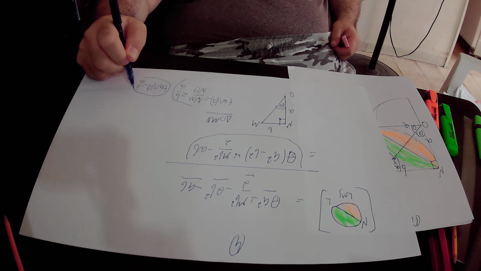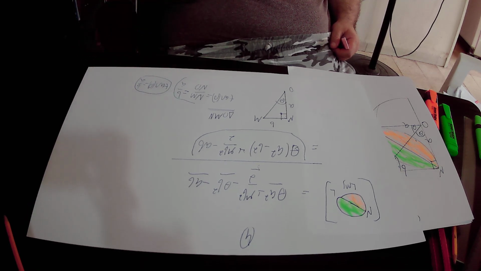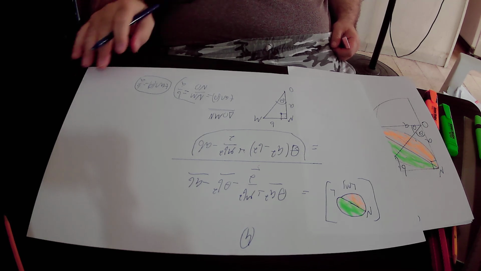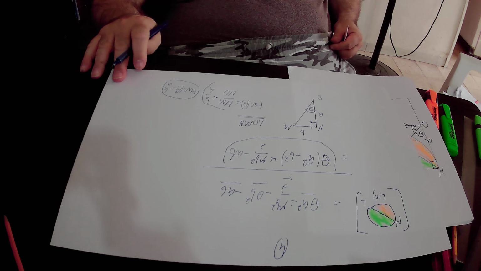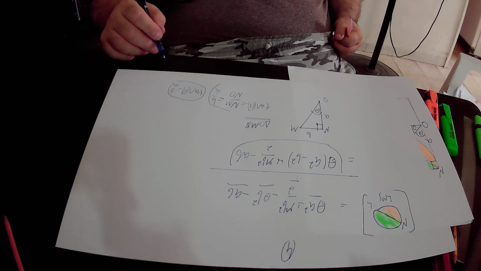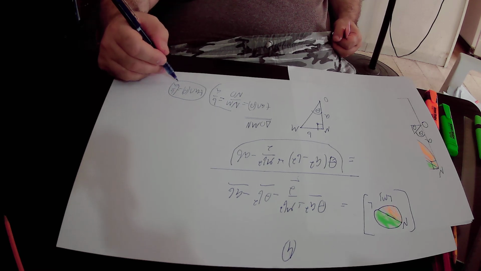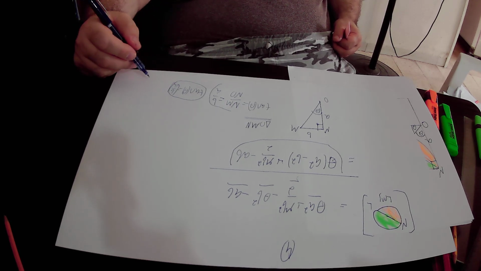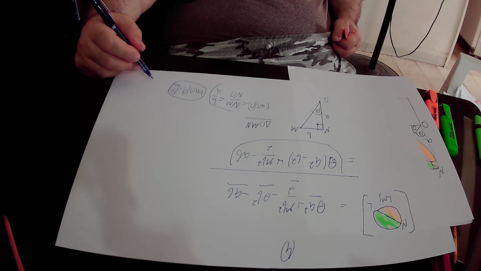Now we want the value of theta itself. In order to get the value of theta itself, we'll apply the opposite function of tangent, that is tangent minus 1, on the result, that is B over A. This operation will give us the value of theta itself.